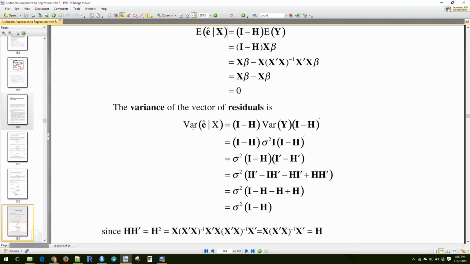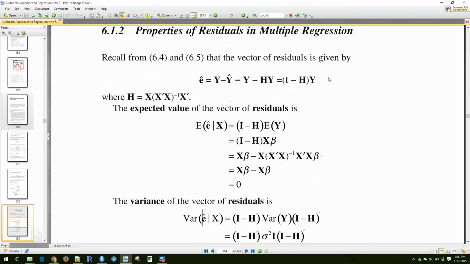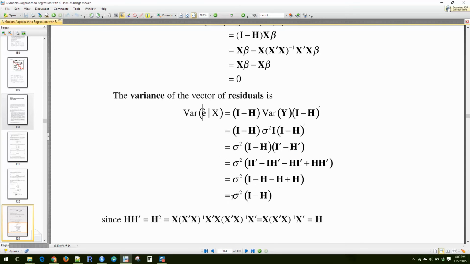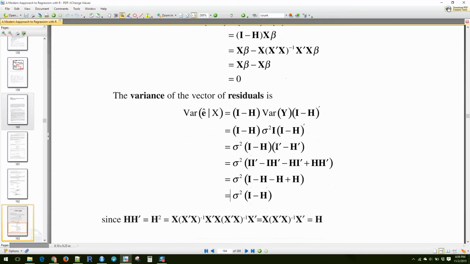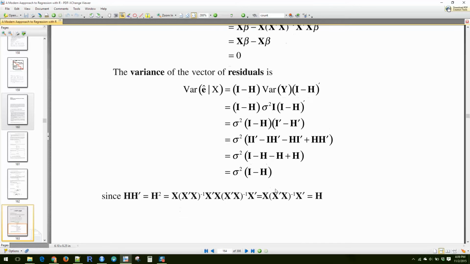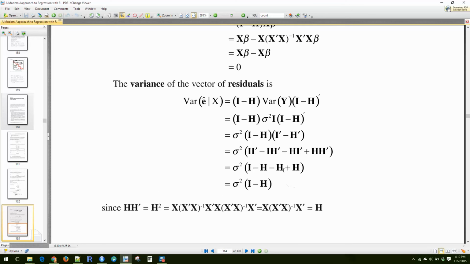And the variance of our residuals is essentially the variance of this thing. The variance of y is sigma squared, but our matrix is multiplied by I minus h, so it's our variance sigma squared times I minus h. So again, we're assuming constant variance in our residuals.